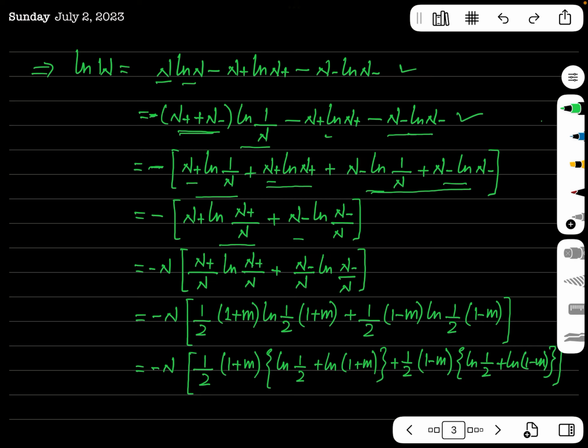Now to express this expression in terms of the long range parameter small m, we do a simple algebra. You have to multiply by the factor n both in numerator and denominator. So I have written here n, and also in the denominator I have written n here and here. So your result is minus n plus over n ln n plus by n plus n minus by n ln n minus by n.